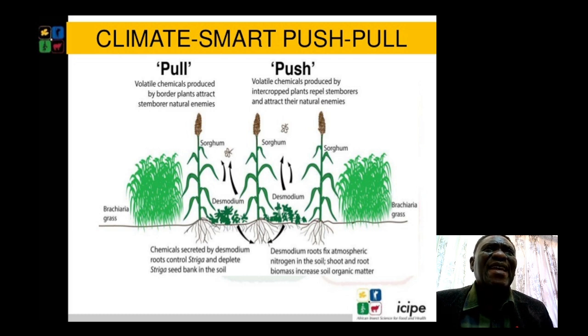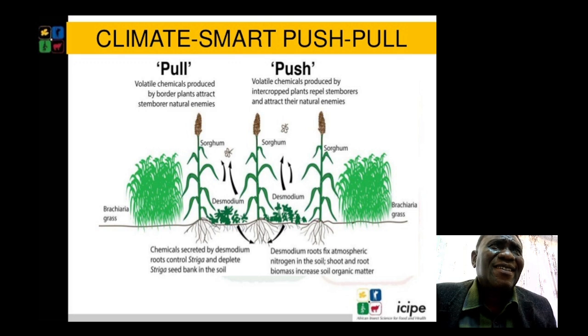Then the Brachiaria also produces some chemicals which attract the stem borer. So we have the Brachiaria pulling the stem borer, and the Desmodium pushing out the stem borer from the sorghum field.